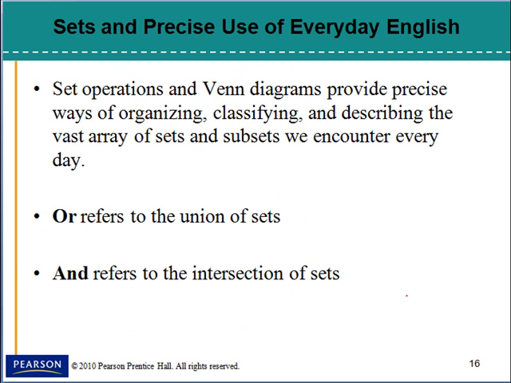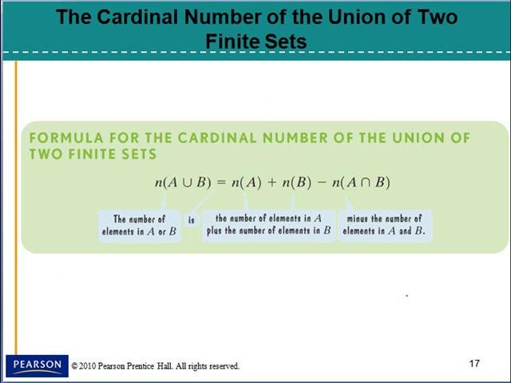Now, remember I mentioned earlier that union means OR and intersection means AND, and we use that to help us when we read a problem. We can translate it into regular everyday English. So let's look at the example.